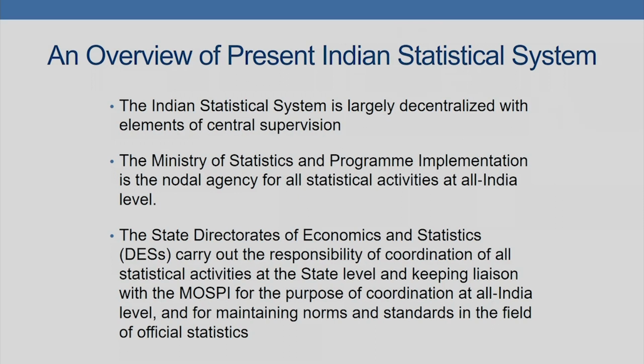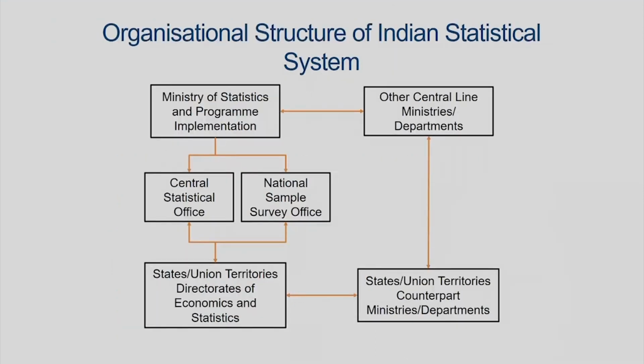So, at the central level we have the Ministry of Statistics and Program Implementation, and every state has a Directorate of Economics and Statistics for churning out what is called official statistics in India. So, this is how the organizational structure of the Indian statistical system looks. The ministry, and then there are other central line ministries and departments.